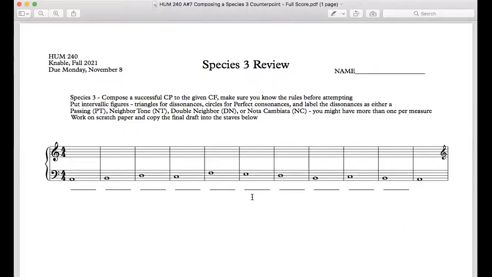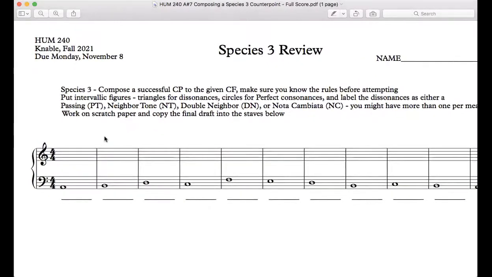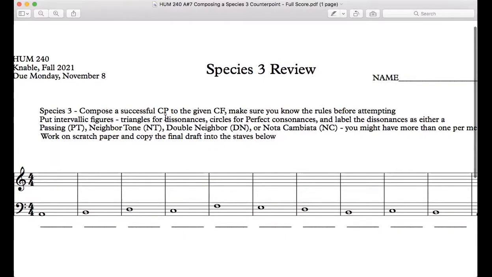Okay, so let's look at your homework assignment. Here I've given you, this is called Species 3 Review. This is the first time that you're trying to write a Species 3 counterpoint. It says, compose a successful counterpoint to the given cantus firmus. Make sure you know the rules before attempting.